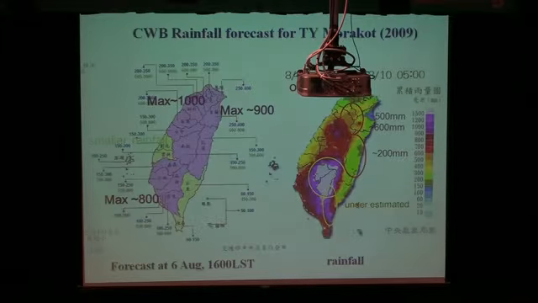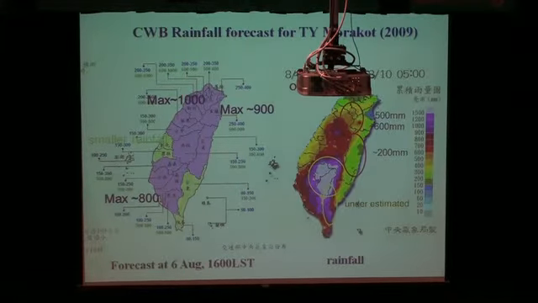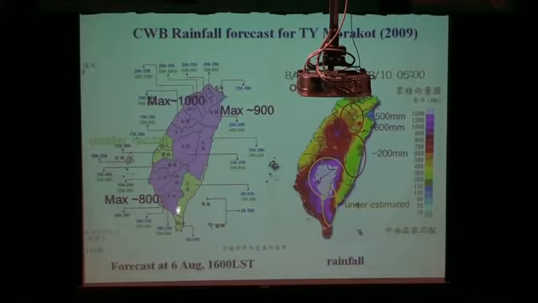This diagram shows the first rainfall forecast for the whole process of Typhoon Morakot, because the whole rainfall event lasted about 4 days. This forecast was issued about 4 days earlier. This is the actual accumulated rainfall, the maximum here.